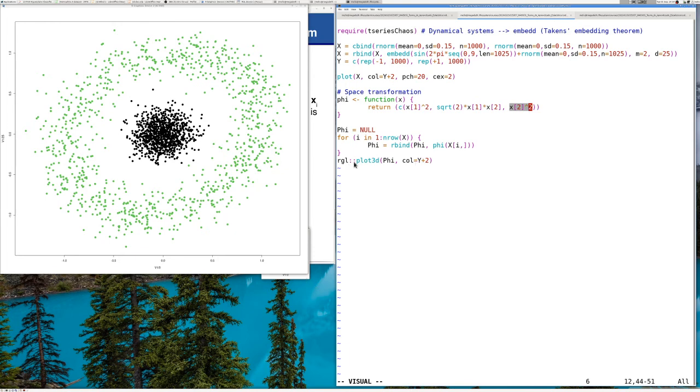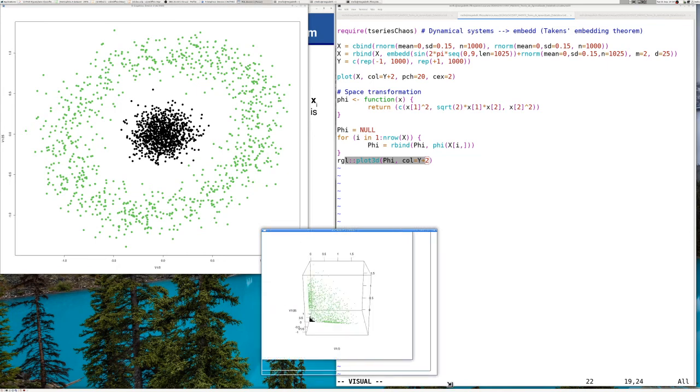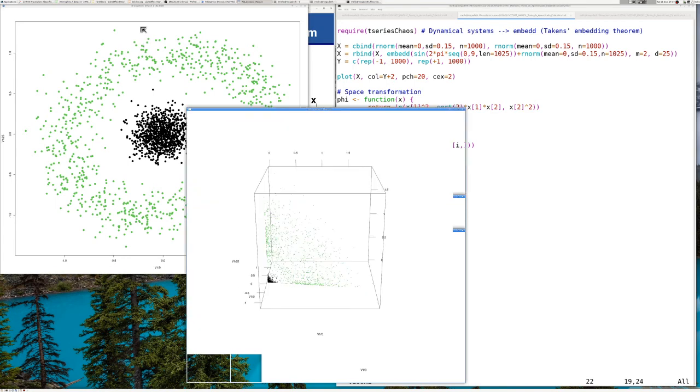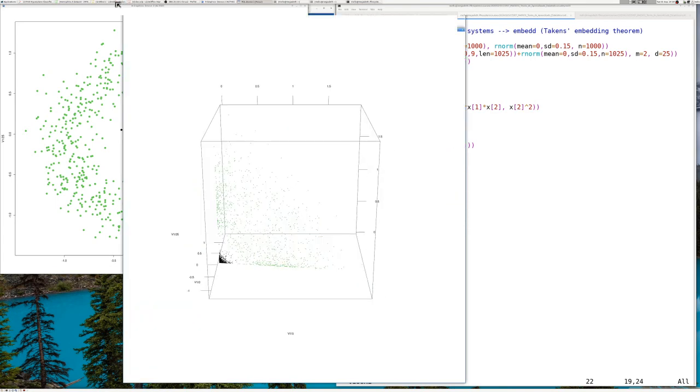When I plot this using plot3D, take a look now. What you guys have, take a look. It is so way interesting.